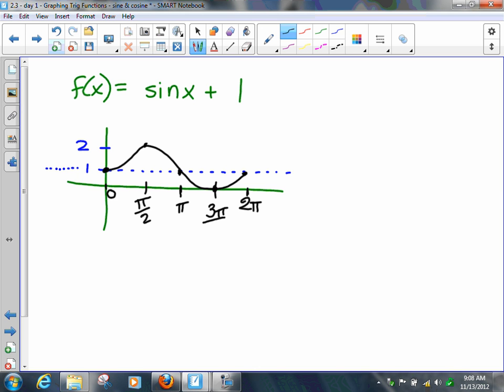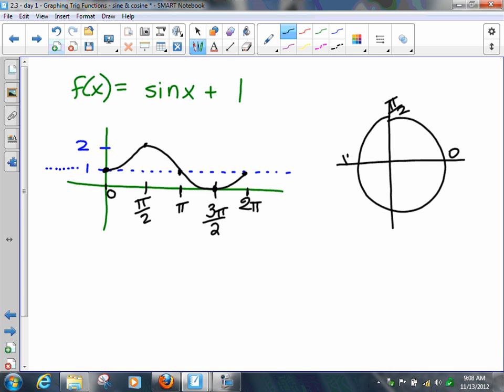Now, relate that back to the unit circle, okay? 0, pi over 2, pi, 3 pi over 2, 2 pi, right? Do you see where these values are coming from? It's coming straight from the unit circle. Here's 1/4 of the way, here's 1/2 of the way, here's 3/4 of the way, up here's 1 whole revolution. So this is what we should have been doing, and I want you to notice what these values are.